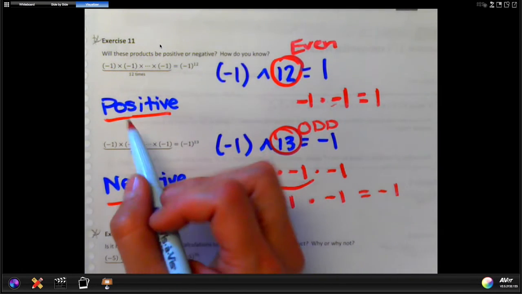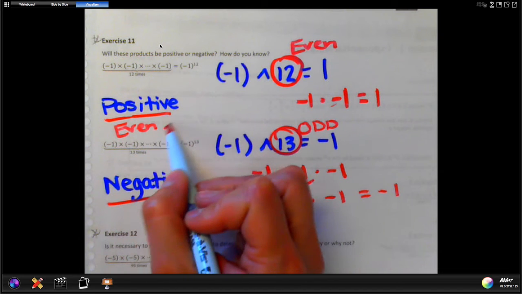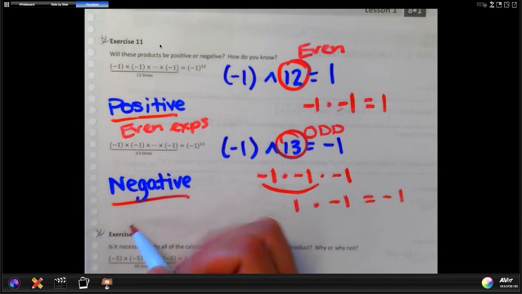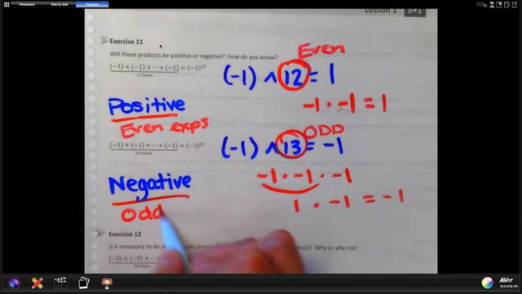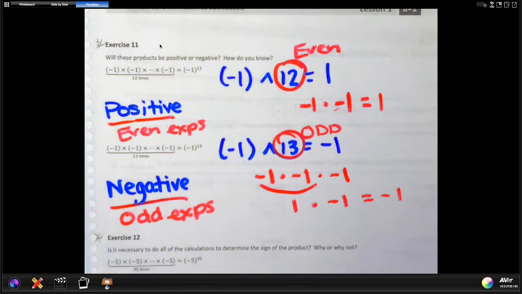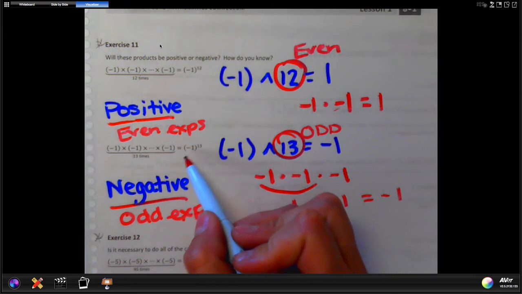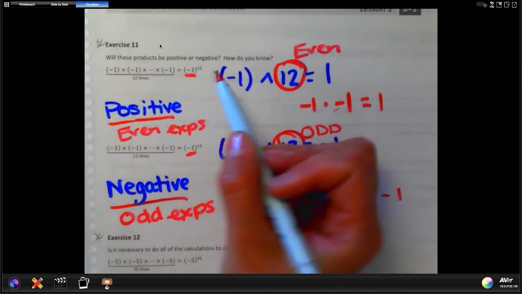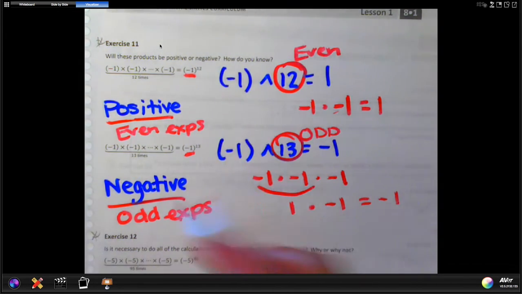Okay? So positive is when we have even exponents, and negative is when we have odd exponents. And that is provided that your base number is negative. If the base number is positive to begin with, then we don't worry about this rule whatsoever.